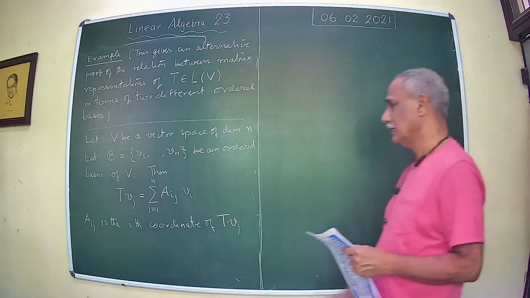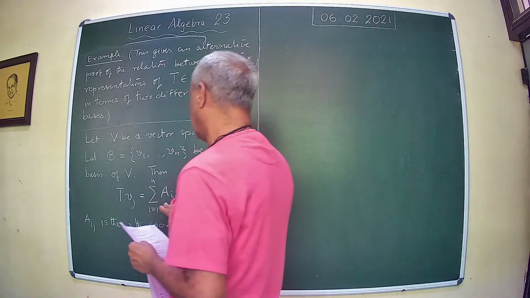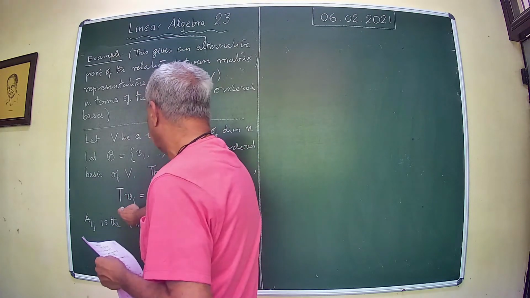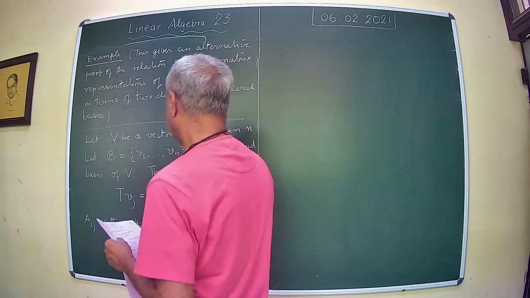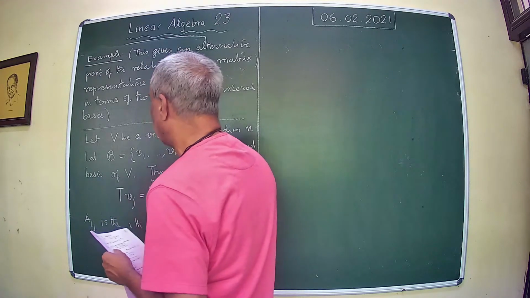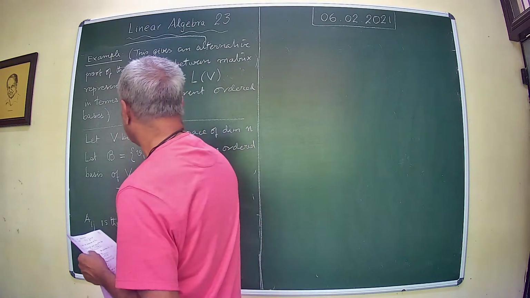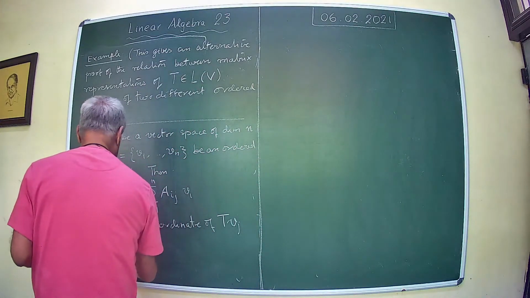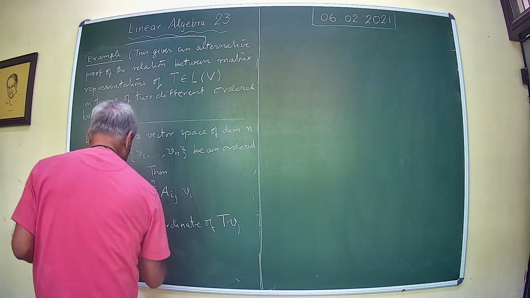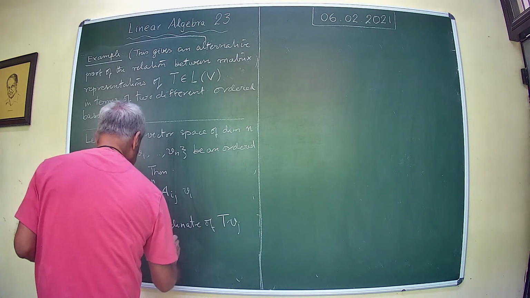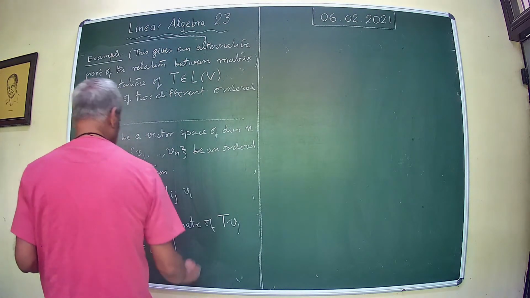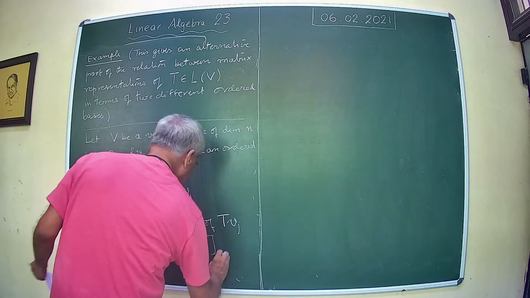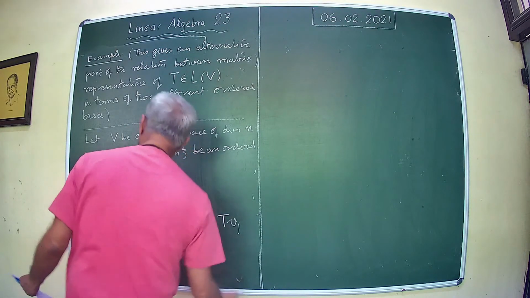So that actually defines the matrix representation of T. So Aij's will be the ijth element of the matrix representation of T with respect to the basis. That is A equal to Aij. This is equal to the matrix representation of T with reference to the ordered basis B.